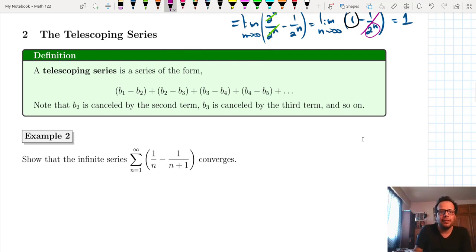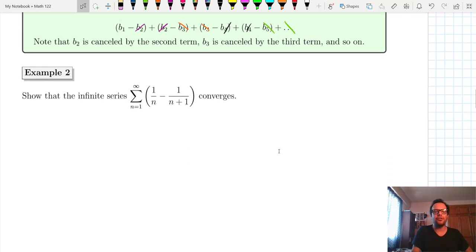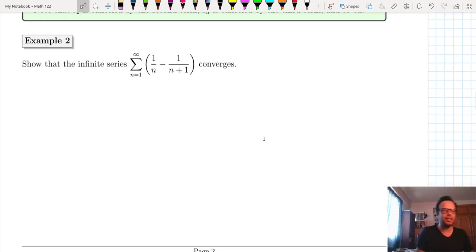The second term cancels with the third term, then the b3's cancel, and then the b4's cancel, and then eventually the b5's, and so on and so forth. And typically, telescoping series are going to have the form of rational expressions with denominators only, with constant terms in the numerator. Okay, so let's show that this series converges, and let's find its sum.